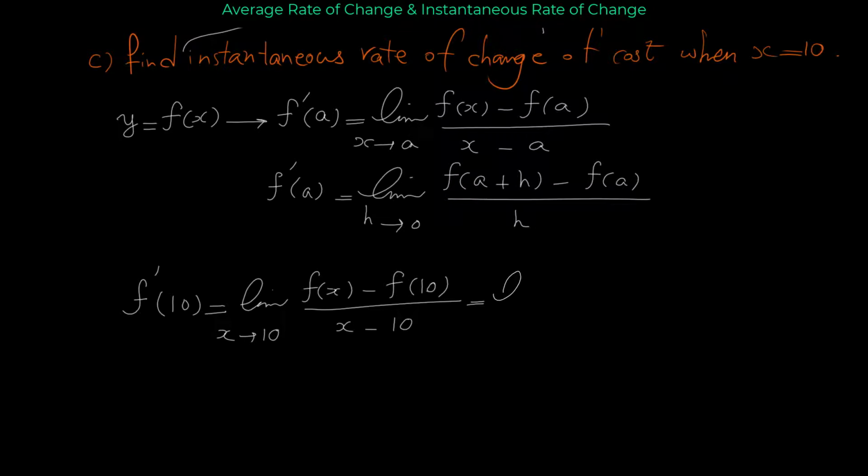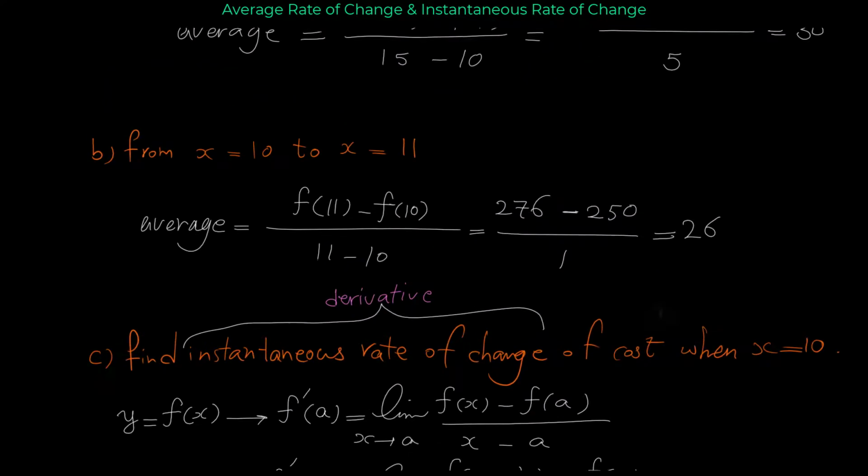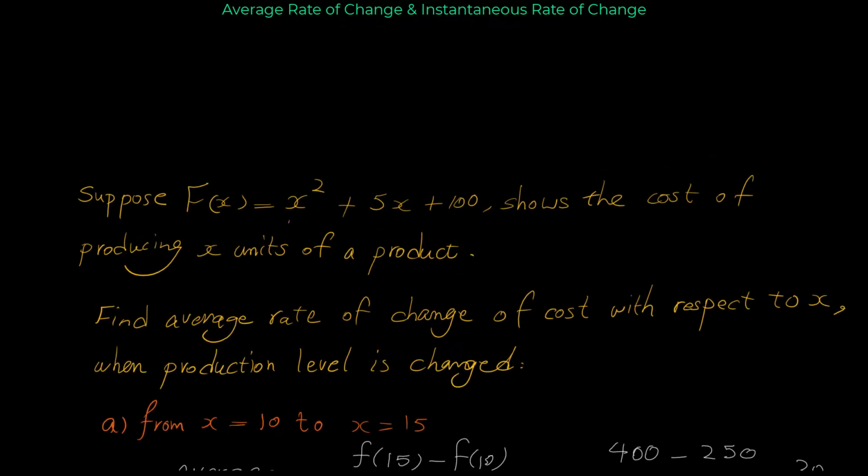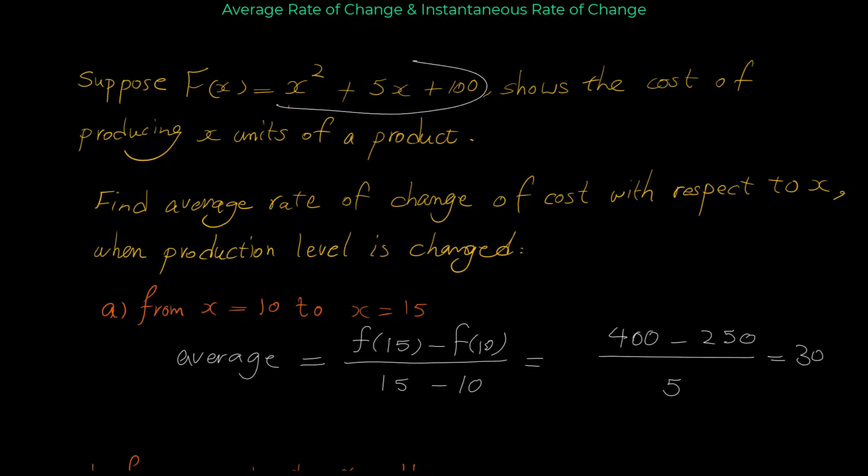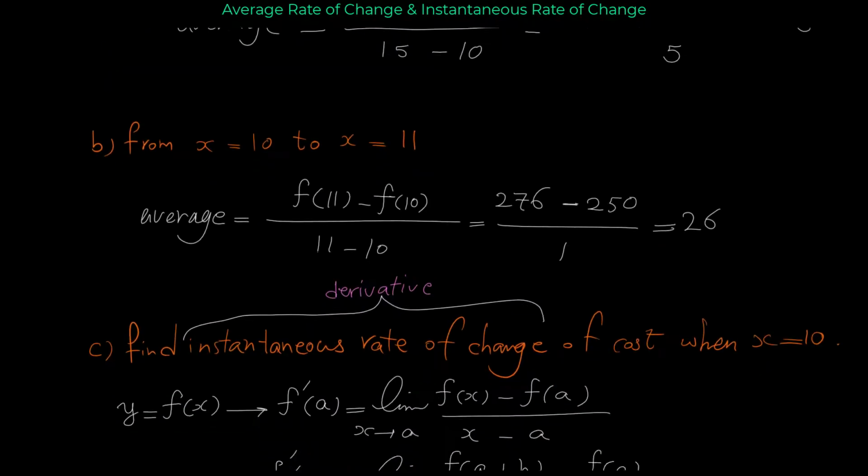What was the given function? What was f of x? If you remember, it was x to the 2 plus 5x plus 100. This was the function. And here we calculated f of 10 and it was 250. So f of x is x to the 2 plus 5x plus 100, and f of 10 is 250.